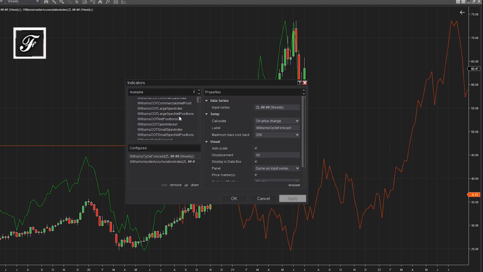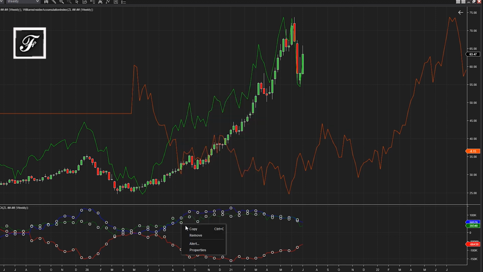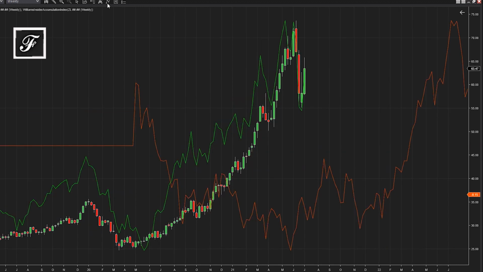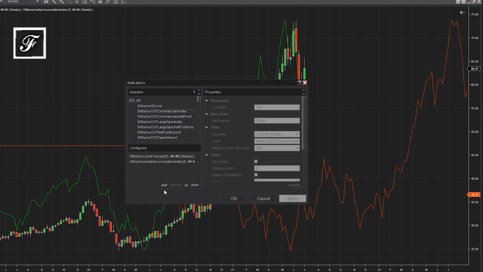I am moving here and adding net positions. Net positions, nothing really interesting. Can remove it. And now we are adding commercials index.